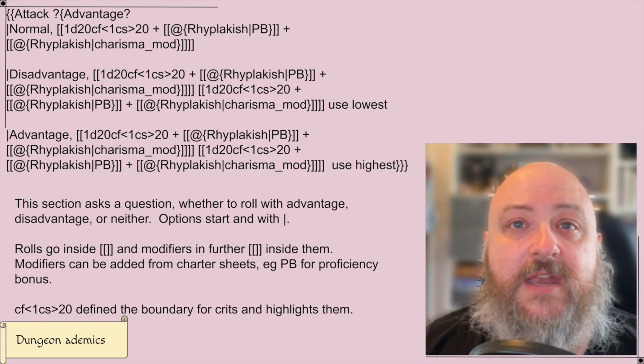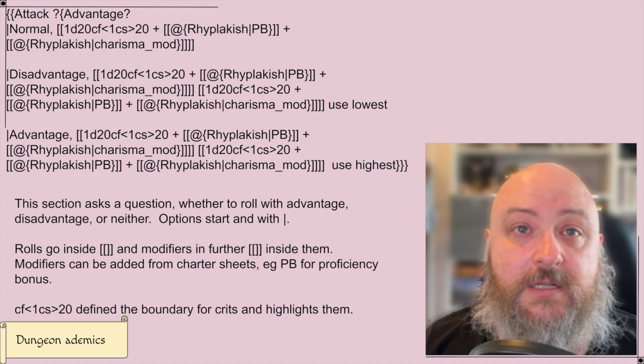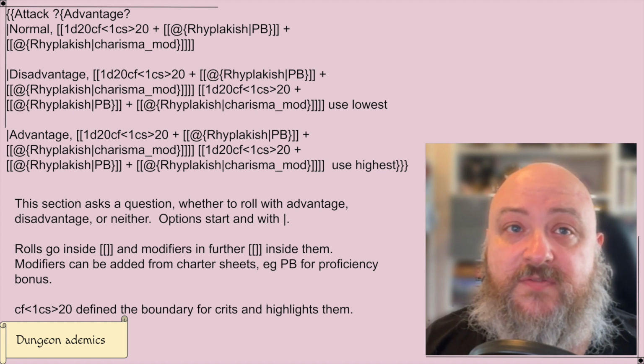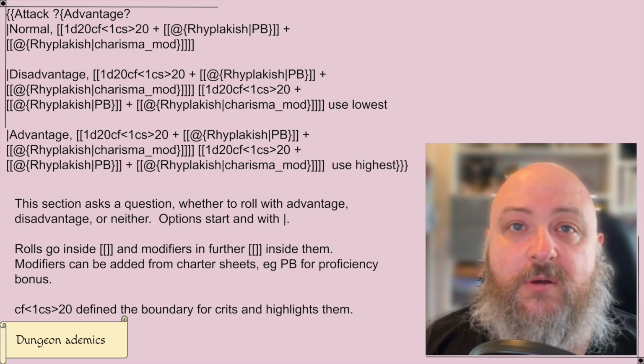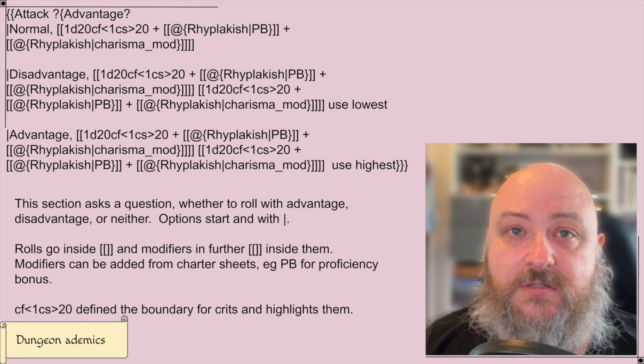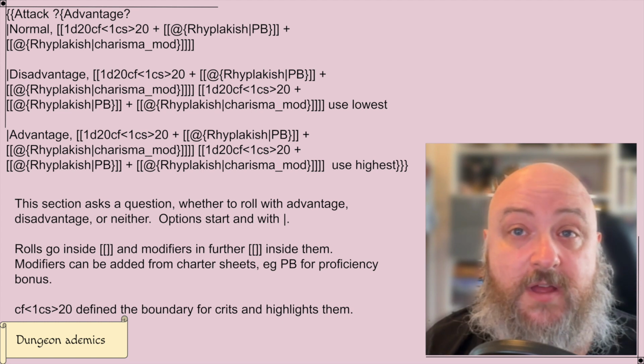The system then checks my character sheet and adds my proficiency bonus and charisma modifier, because I am a Hexblade Warlock. The system does this twice for disadvantage and tells the user to use the lower value, and twice for advantage and states the higher value should be used. In my own version of this, the system rolls 3 dice for advantage as I have Elven accuracy.